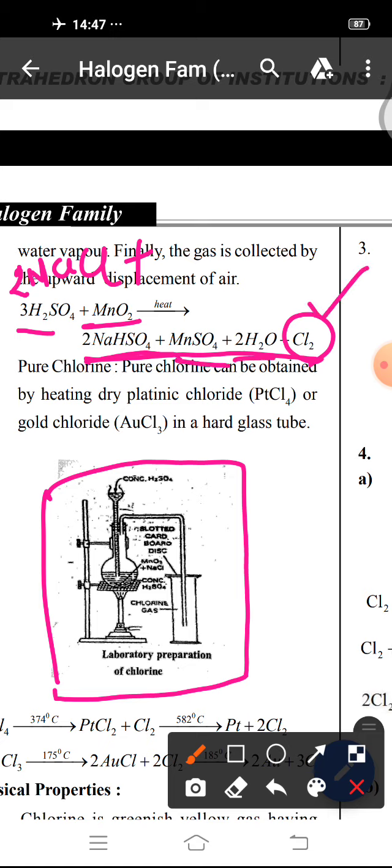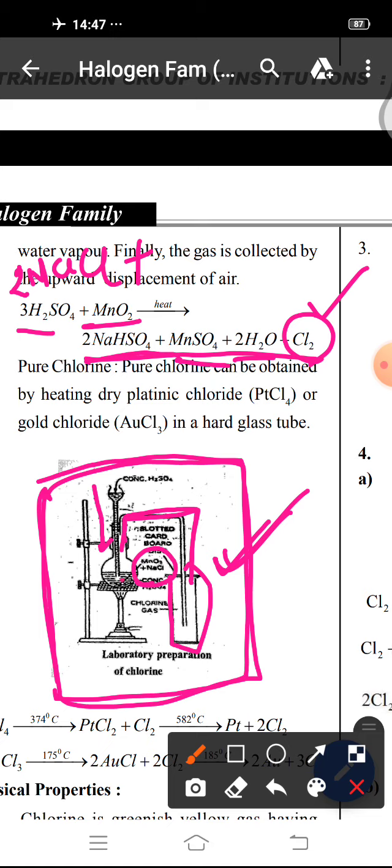When the NaCl and MnO2 are taken, and concentrated H2SO4 is added by the funnel to the round bottom flask and heated, then chlorine gas is formed, which is collected in the gas jar, and then it is purified by water and then dehydrated by concentrated H2SO4.